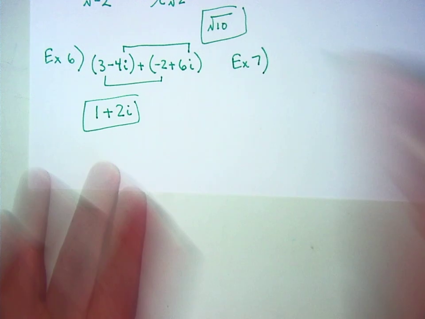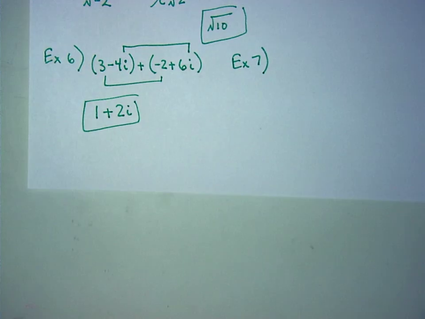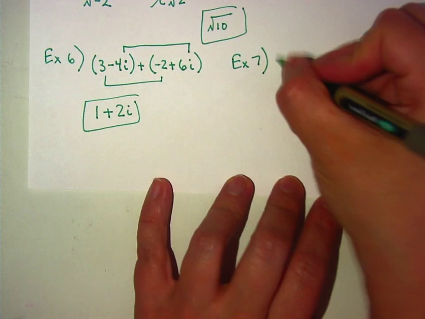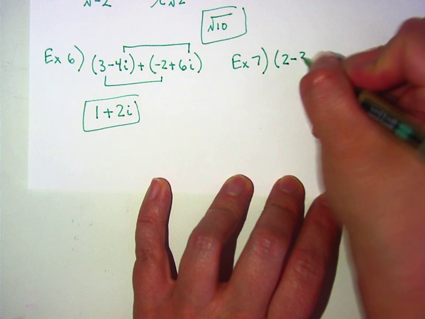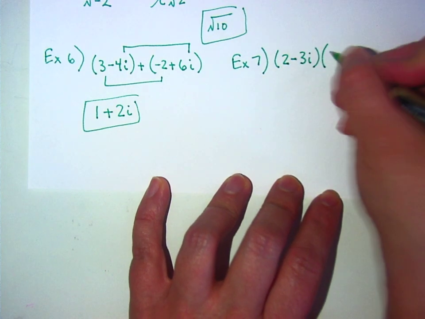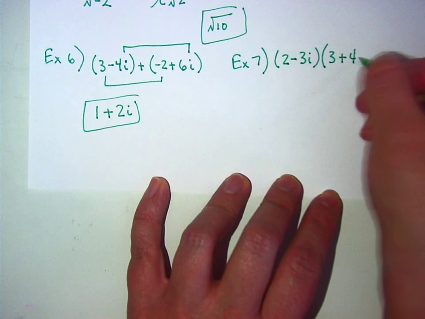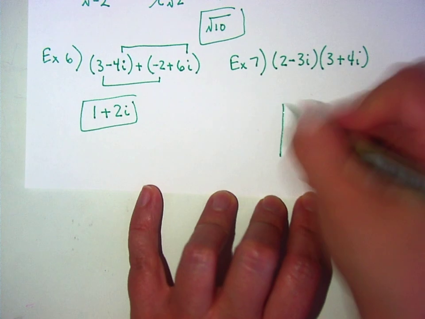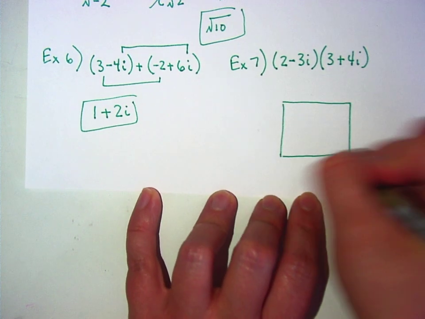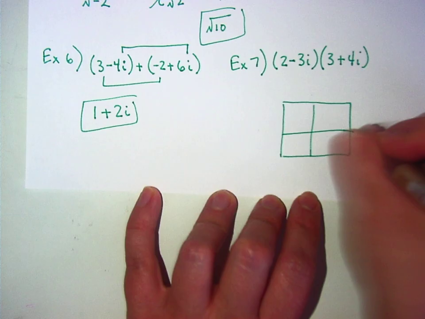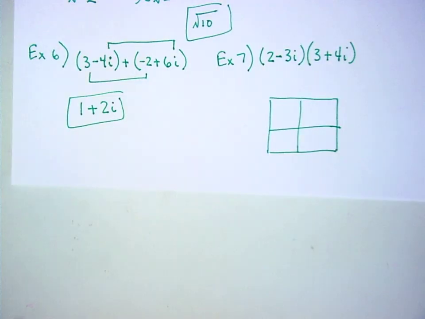All right, now this is what Carly was talking about, the next problem I was doing, which is this one, 2 minus 3i times 3 plus 4i. This is the one where you would use a box or foil. Hey, out of curiosity, box or foil? Box? Hands up for box.